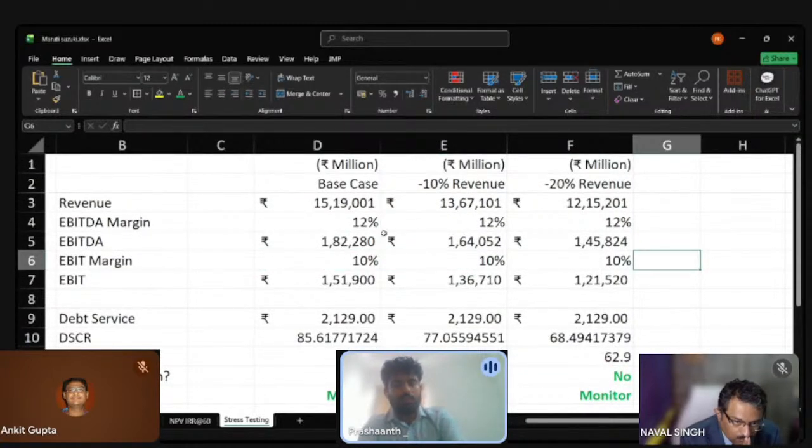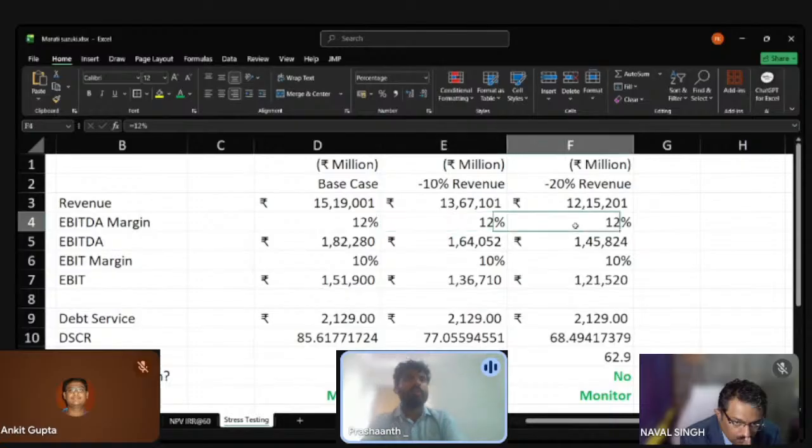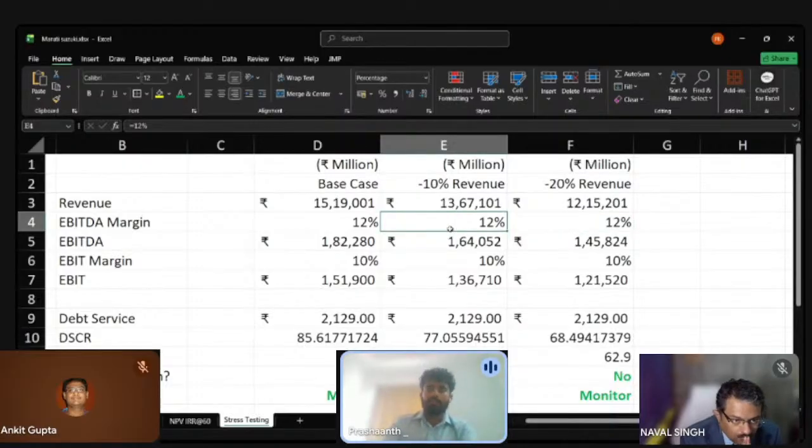So this is not considering any raw material cost pressure. This is not considering any supply side shocks. So if Mr. Singh and Mr. Gupta, with your permission, if you have any assumptions that you would want me to make, we can also definitely try it out.